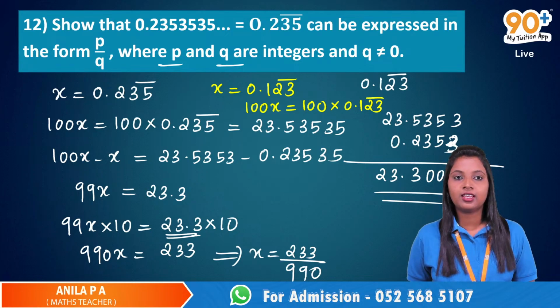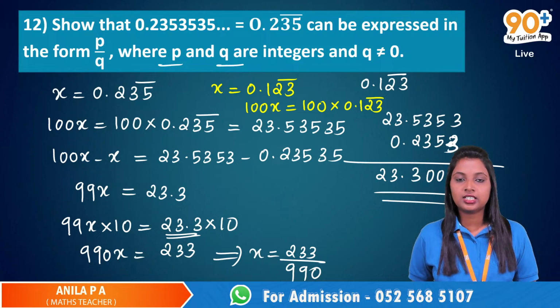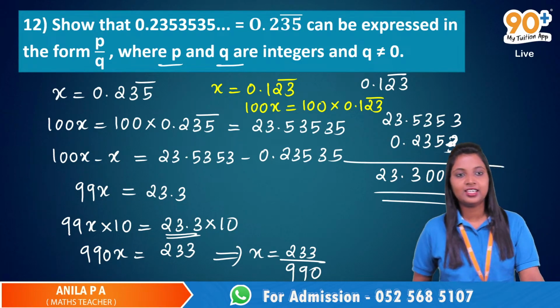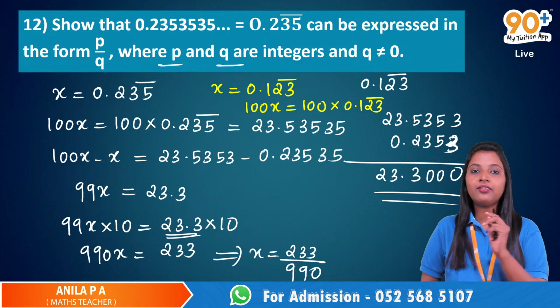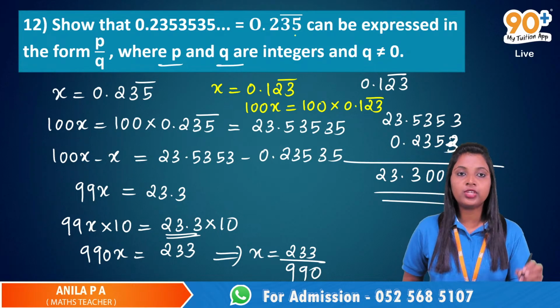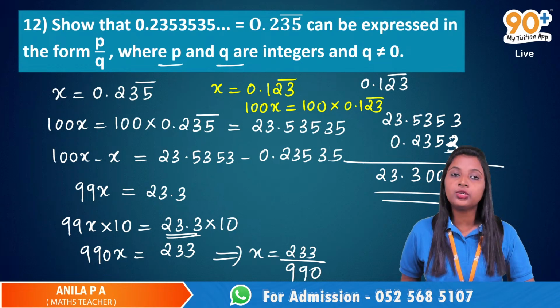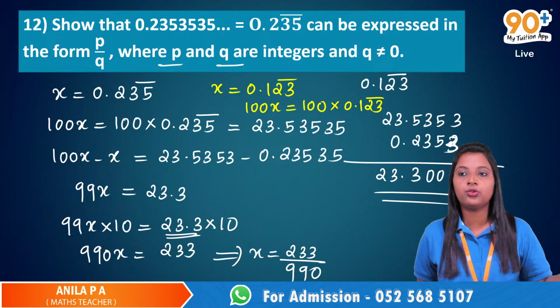I understand the question, but not the answer. Yes, it means that you have been given a decimal, 0.235 bar, and you have to convert it into a fraction or p by q form.